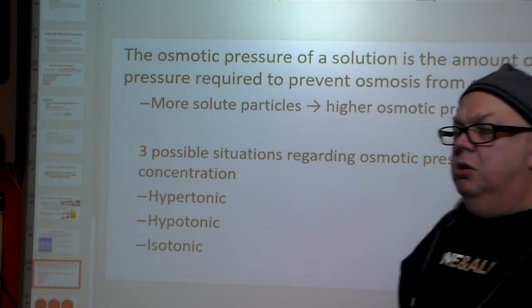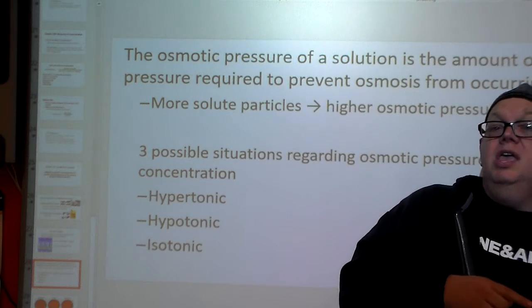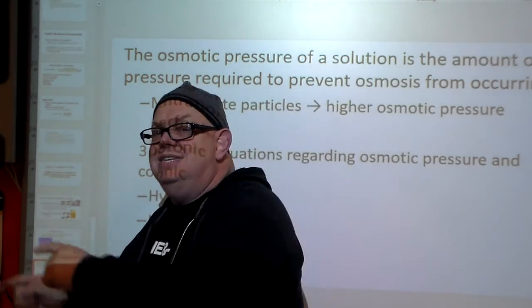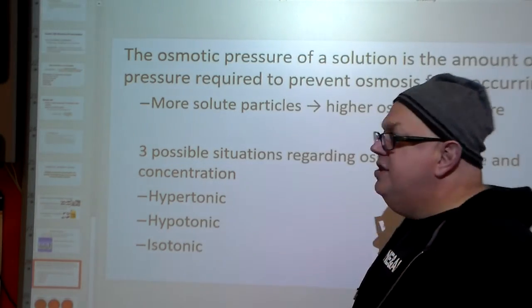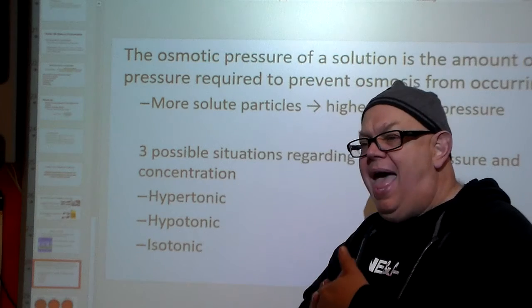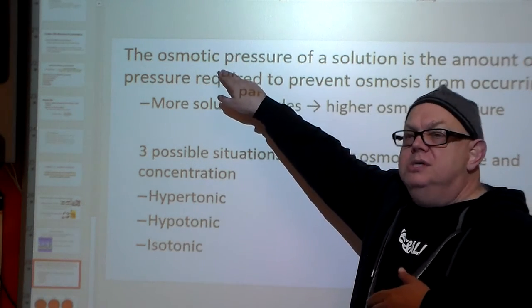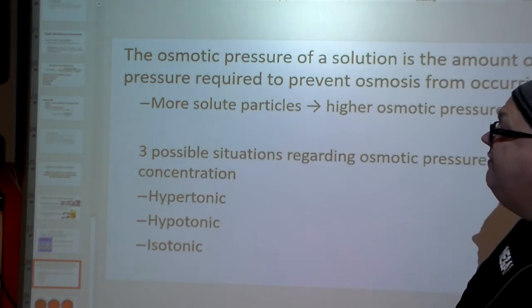So what's going on here? You have osmosis. That's the process where some solute is going across a semi-permeable membrane to get to the other side. That's the idea. Now, the thing is, there's something holding that back, trying to prevent that from happening. That's what they call osmotic pressure. All living things have it. Cells have it.